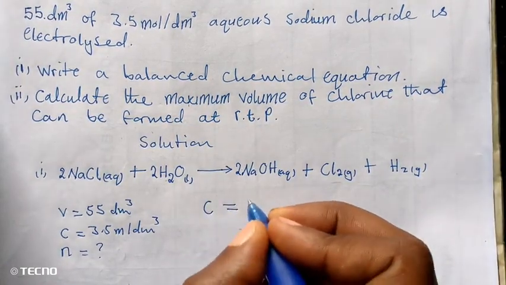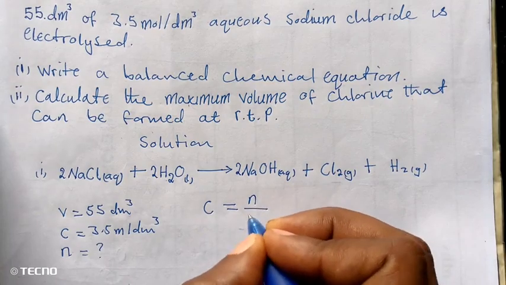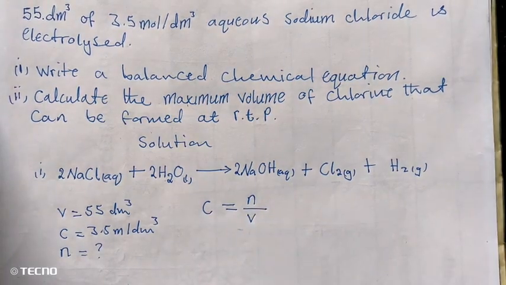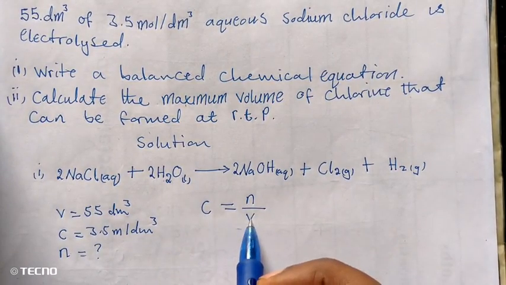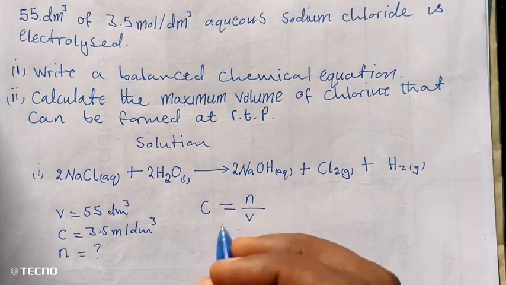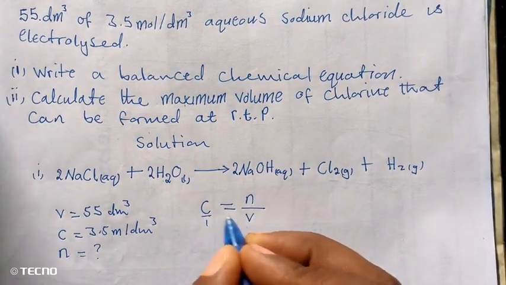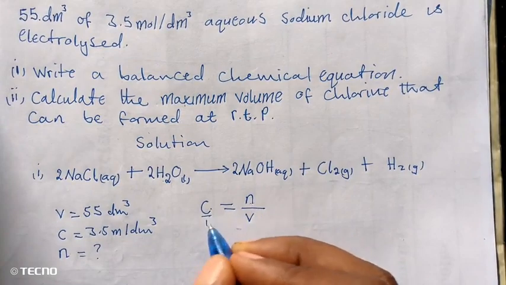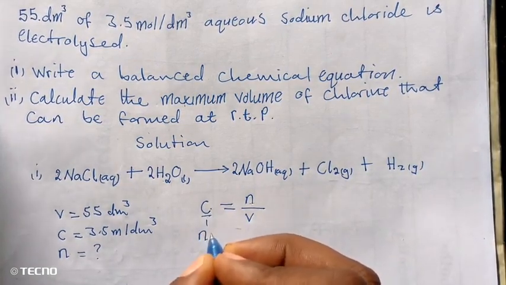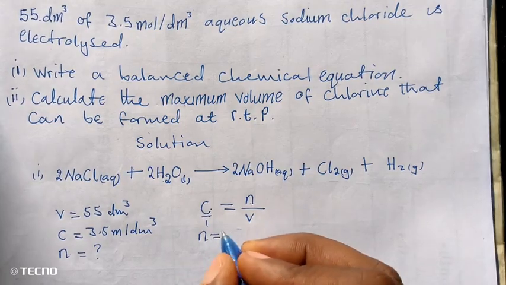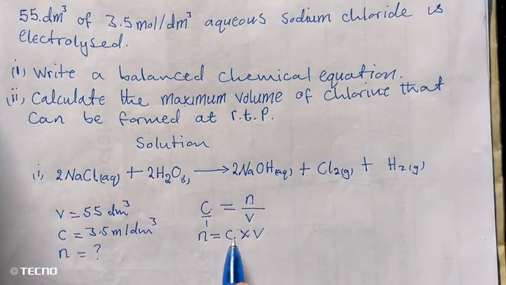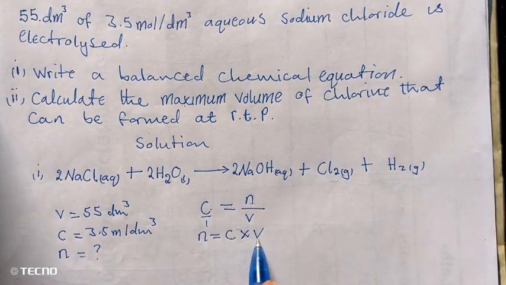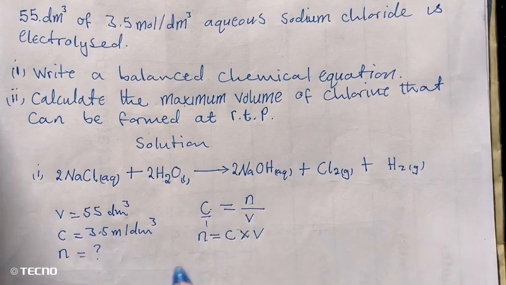is equal to mole over volume. So concentration we have been given, then this volume we have been given, so we want the mole. So we just do like this, then this and this, this and that. So this and this, it will be n, which is mole, is equal to C times V. Where this is concentration, this is what? Volume. So we just substitute.